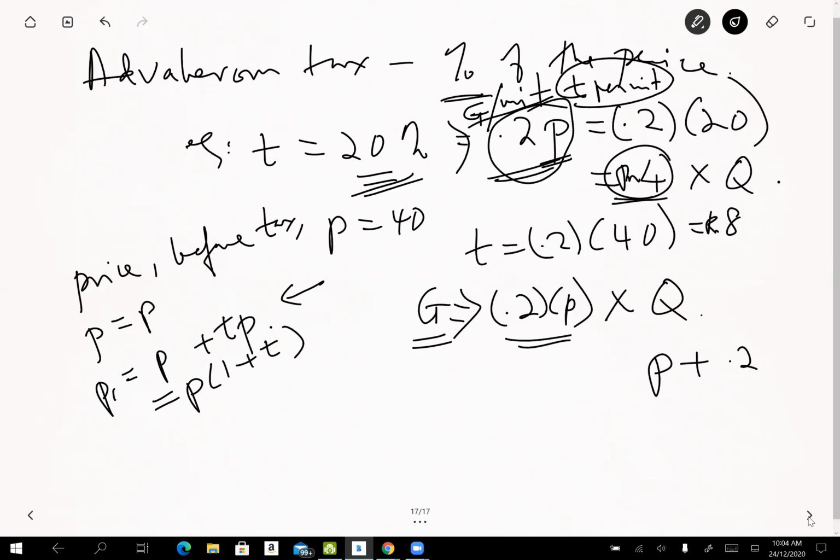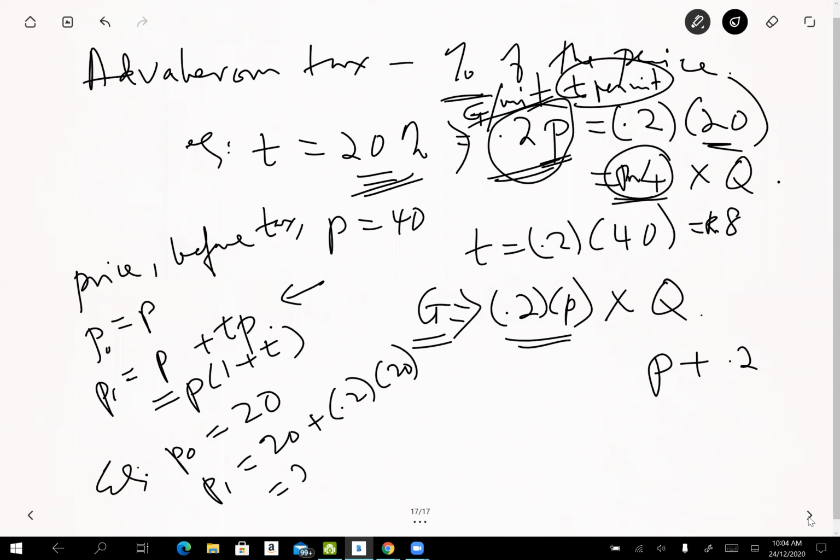So for example, if the price initially before the tax, P0, is equal to say 20 ringgit, then P1 is equal to what? It is 20 plus the tax, 0.2 times 20, which is equal to 4. So our new price is 24. That is how it affects the price.